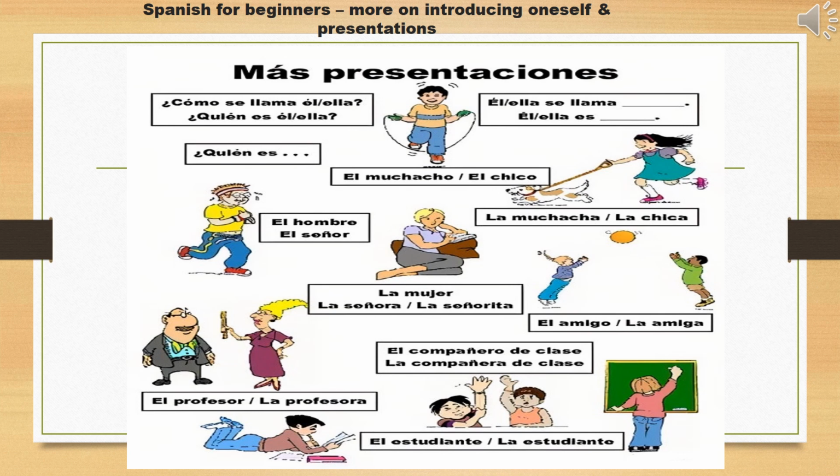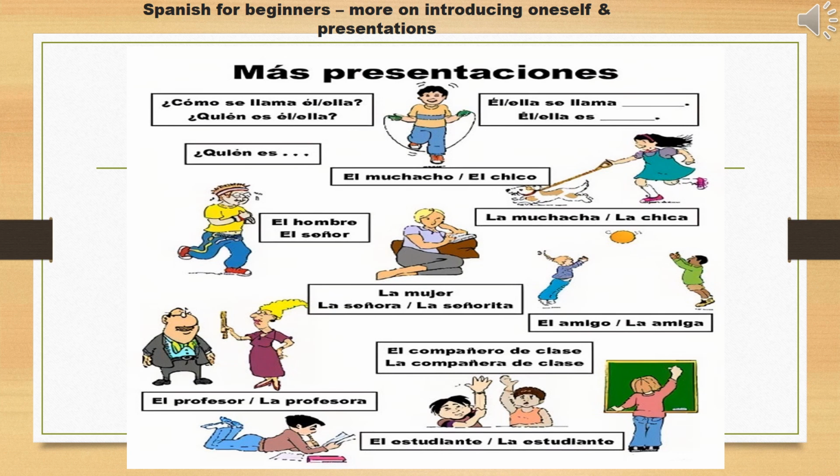So el compañero de clase. La compañera de clase. Then below, those two classmates. You come to the students. And student, you see, the spelling is the same for student in Spanish. It ends with an e. It doesn't matter whether it is masculine or feminine.